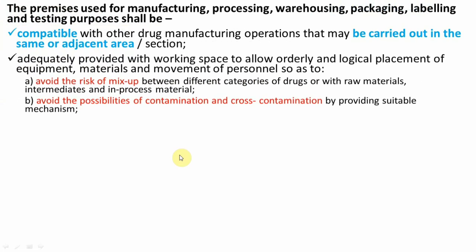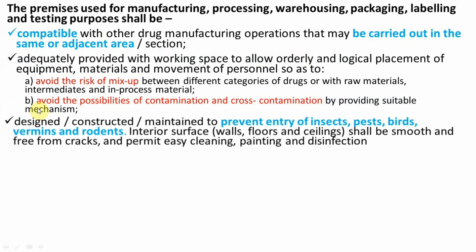The next, adequately provided with working space to allow orderly and logical placement of the equipment, materials and movement of personnel so as to avoid the risk of mix-ups between different categories of the drugs or the raw materials. Then, avoid the possibilities of contamination and cross-contamination by providing suitable mechanism.